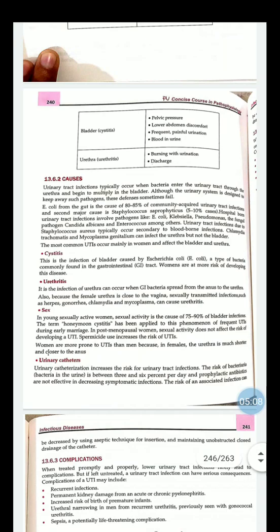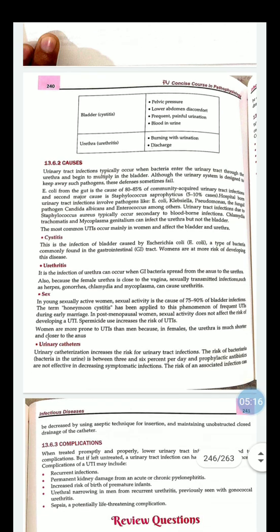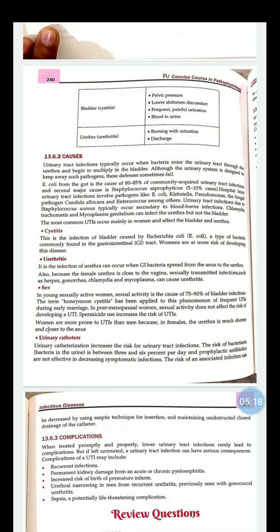Next, the causes. What are the causes of urinary tract infection? Basically, urinary tract infection occurs when bacteria enter the urinary tract through the urethra, and this bacteria multiplies in the bladder.